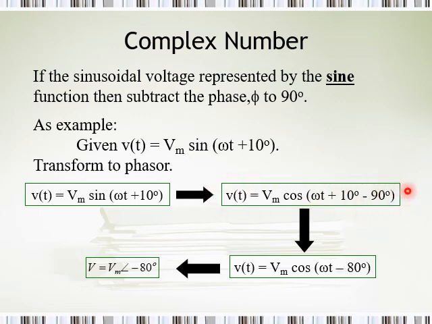This is basically the same equation. We convert from sine into cos. So the angle has been changed, minus 90. So instead of 10, we have minus 80. So from this cosine, we can straight away take the value and write into the polar form. So now we have Vm angle minus 80.